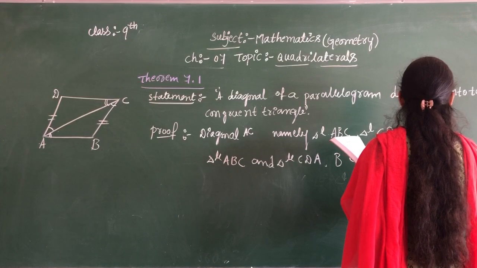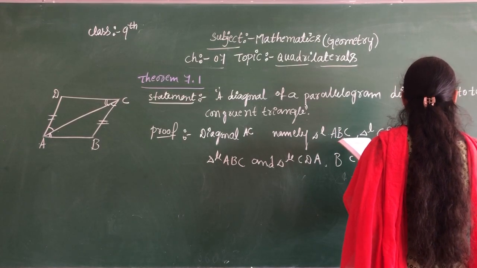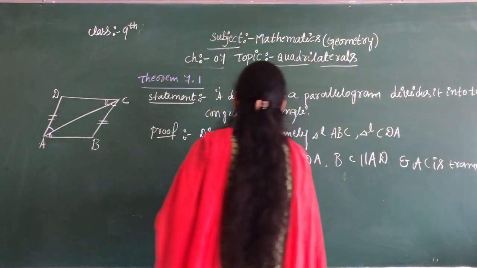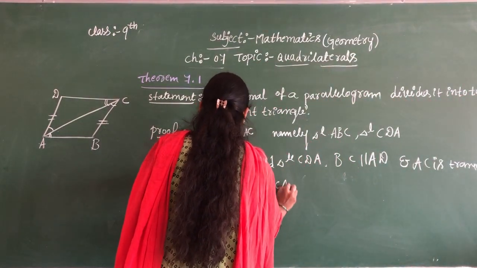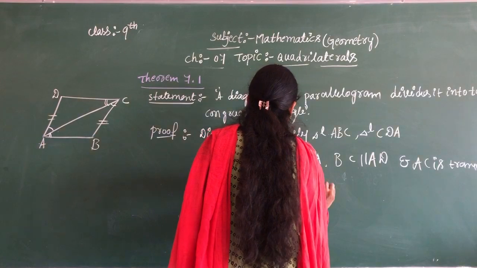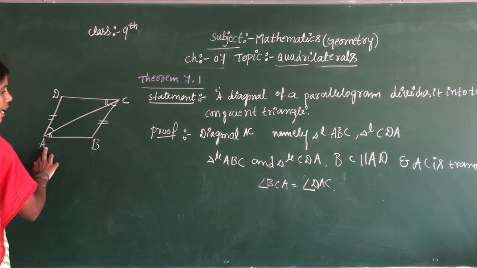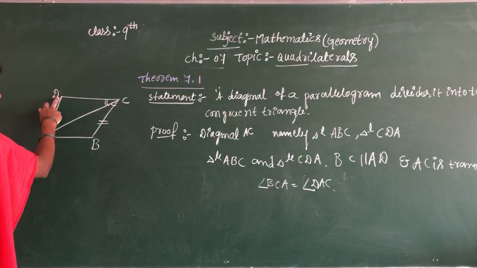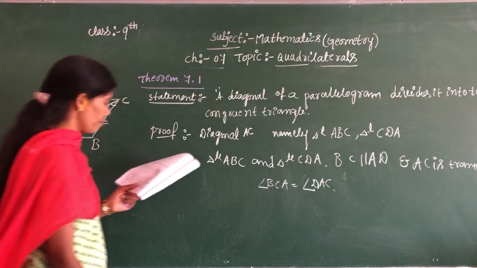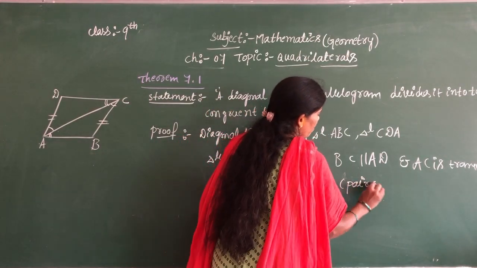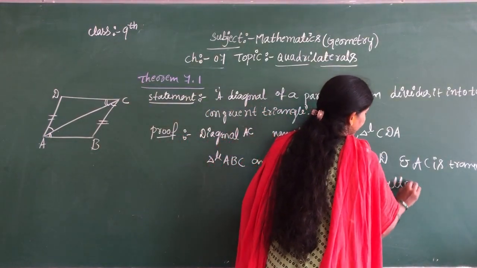Already you know transversal also. Angle BCA is equal to angle DAC. This is a pair of alternate angles.